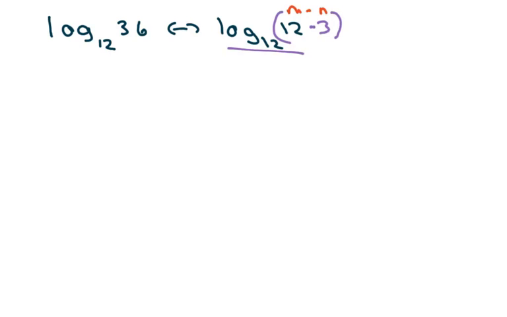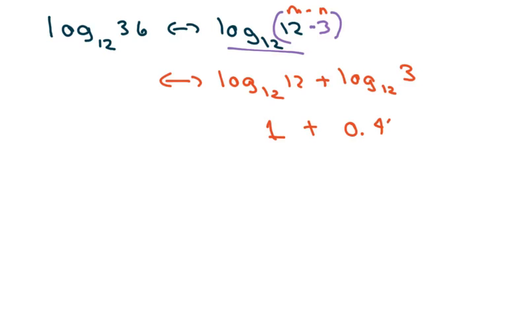You can use your product property, and you get log base 12 of 12 plus log base 12 of 3, which is, log base 12 of 12 is just 1, plus log base 12 of 3 is 0.4421, which is 1.4421.